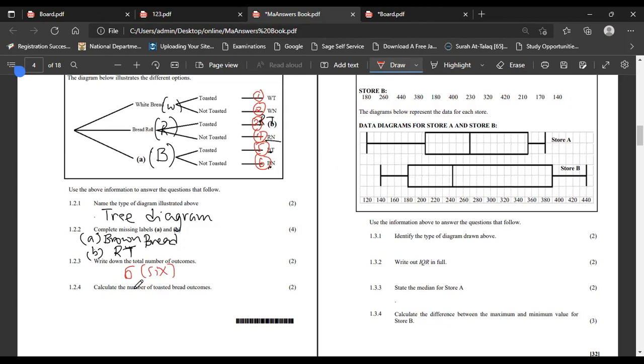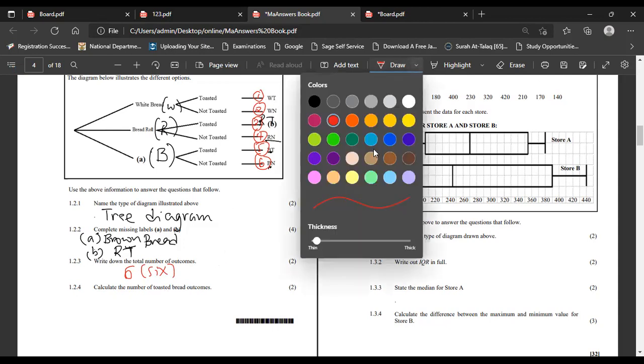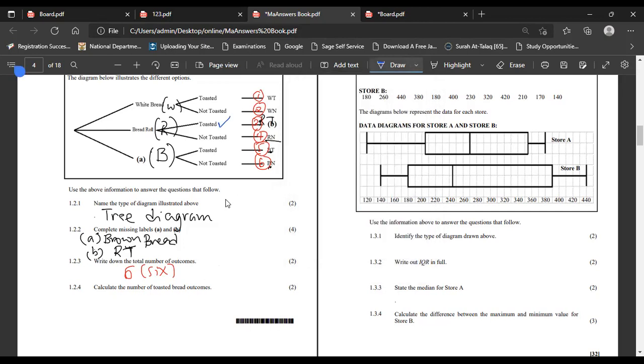Then calculate the number of toast breads. Still, you come here and look for toast bread. We shall count, and we are only looking for toast. So we have 1, 2, 3. So here we have it as 3 possible outcomes.